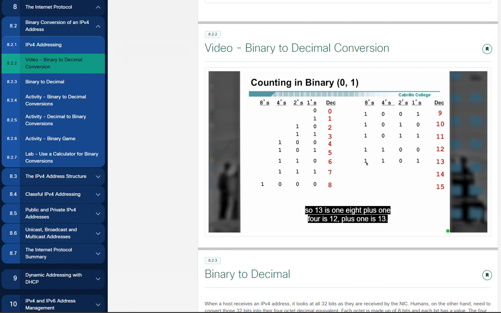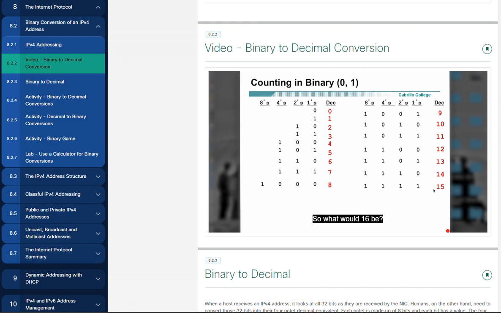So 13 is 1 eight plus 1 four is 12, plus 1 is 13. 14, 15. 15 is 1 eight plus 1 four plus 1 two plus 1 one. 8 plus 4 plus 2 plus 1 is 15.